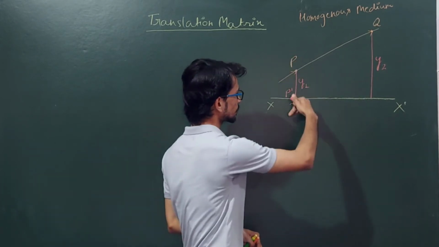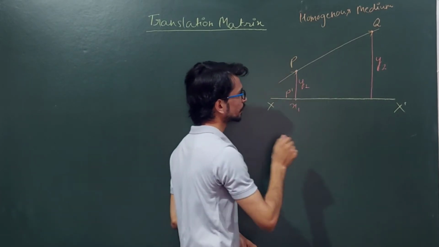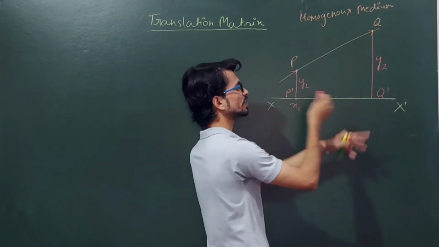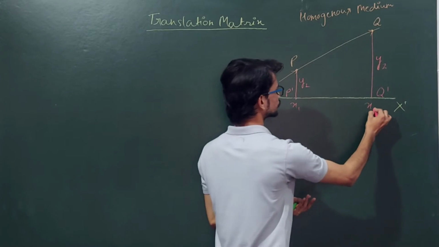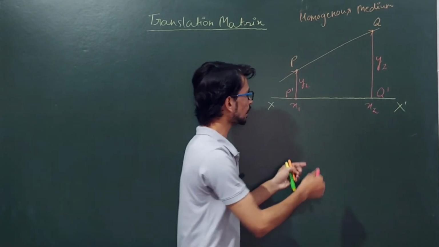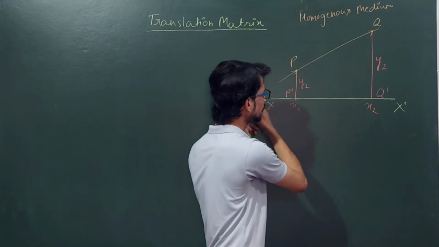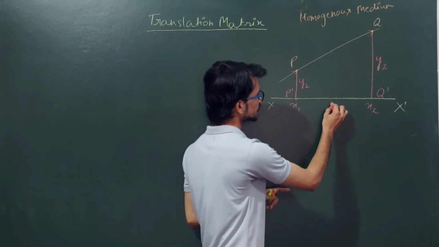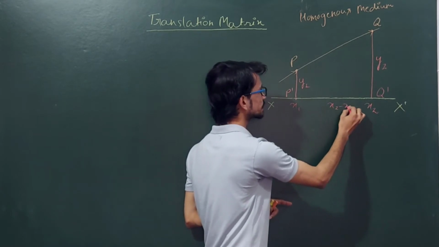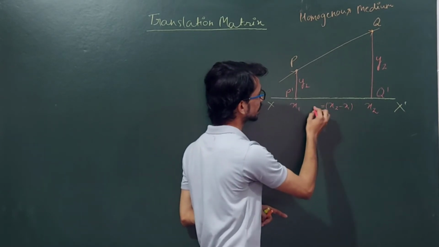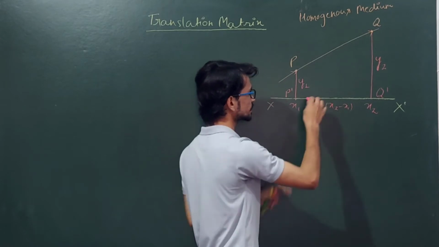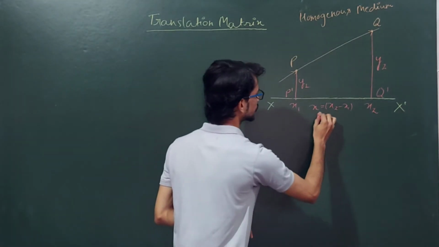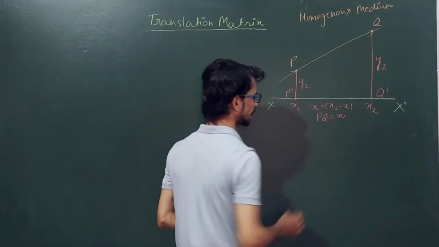This point is Q dash, and the distance of Q dash from the origin is x2. So what about the distance P dash Q dash? This will be x2 minus x1. Let me give this another name, x. So this is the distance between P dash and Q dash, the PQ distance as x.